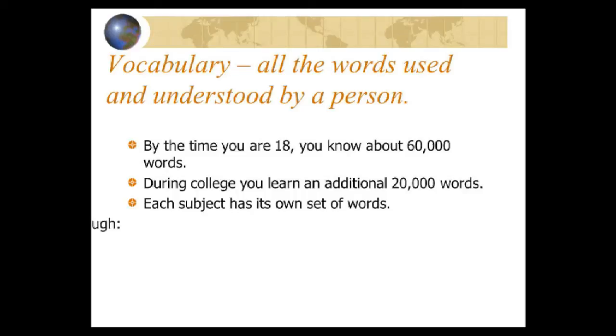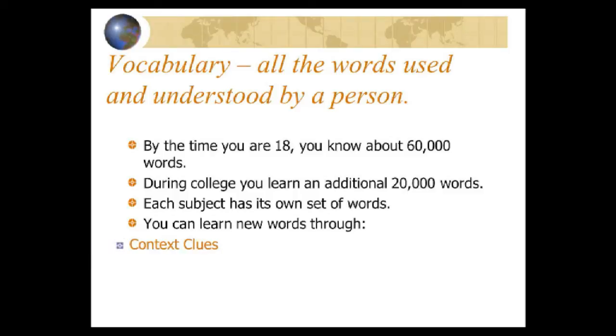In order to learn these new words, we are going to do it through context clues, okay? Which is the title of this chapter. We went around and we went through the reading process, but I did that because it's important to understand the reading process. And then as we get to that point, the way we're going to learn these new vocabulary words, we're going to combine all of those things.